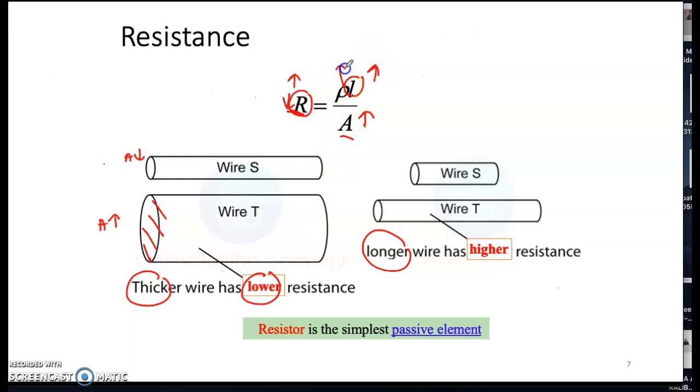Rho depends on the material. R here is the resistance, but rho is what we call resistivity. So this is the simplest element for the resistance.